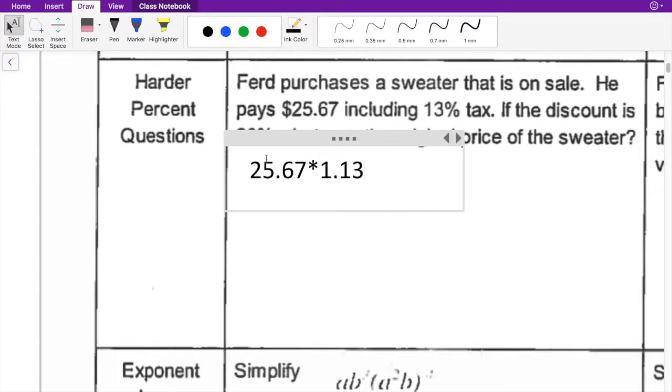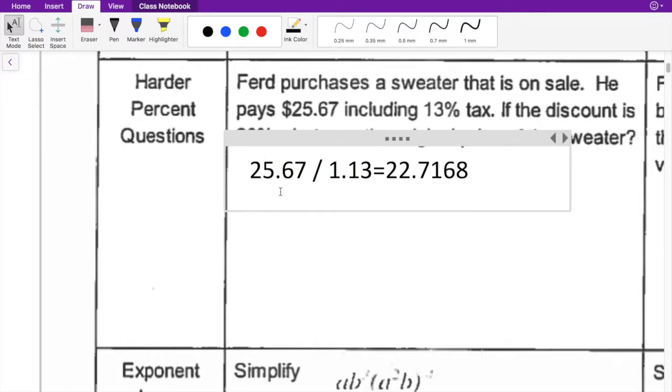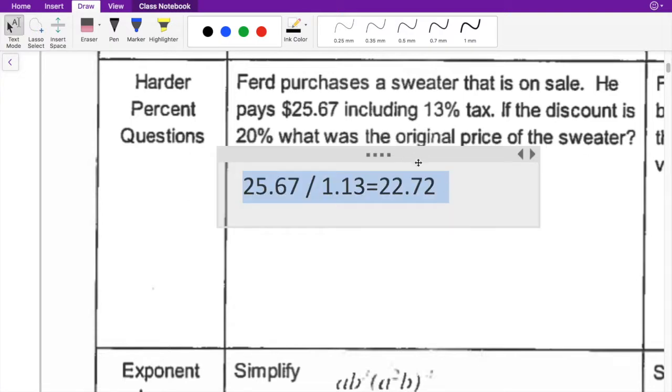But we want to go backwards, so we're going to use divide. This is going to be my symbol for divide today: divide by 1.13. And that is going to equal 22.72. So the price before tax is 22.72.